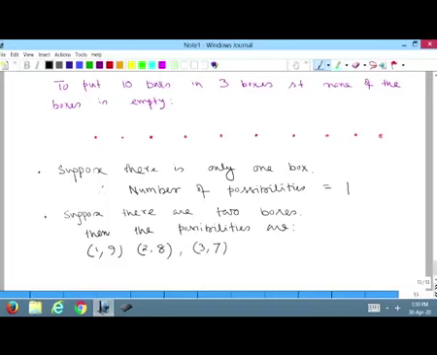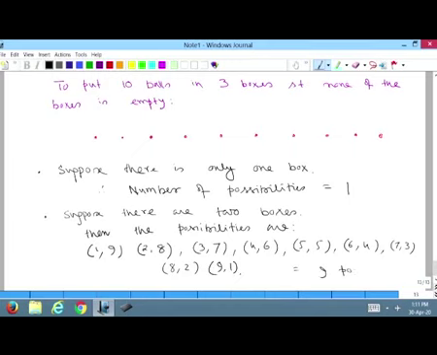So, you can easily understand the pattern is going to be like this. How many possibilities are there? It is very easy, there will be 9 possibilities.